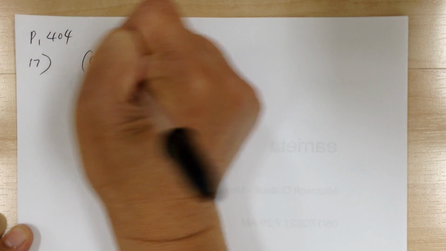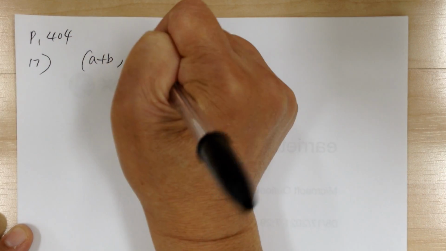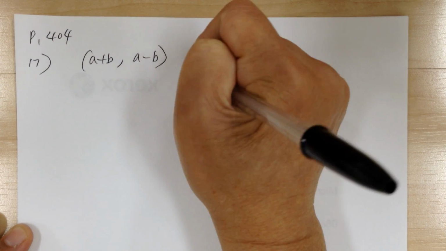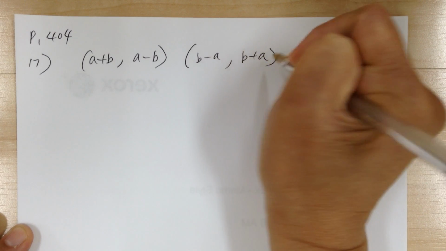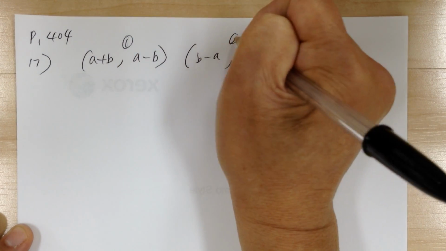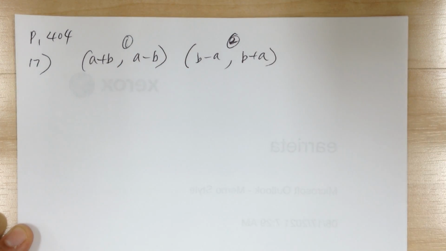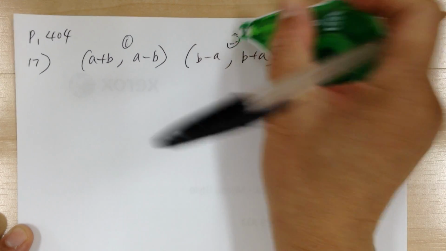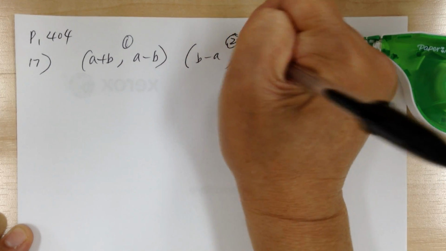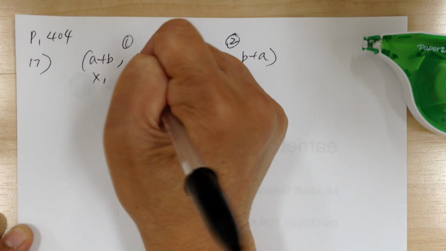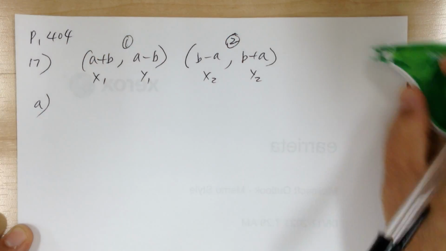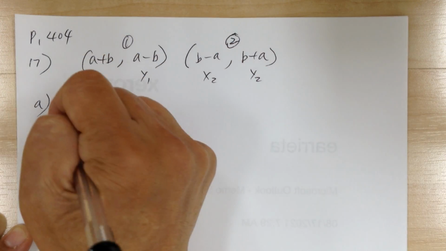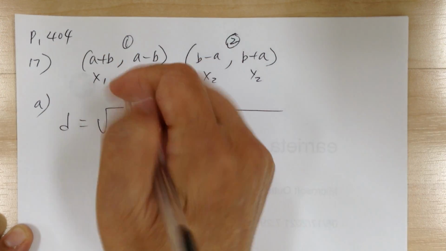Okay, so number 17, you have A plus B, and A minus B, and then you have B minus A, and B plus A. So that's point 1, point 2, your x1, y1, x2, y2. So for part A, you're looking for distance, so use the distance formula.